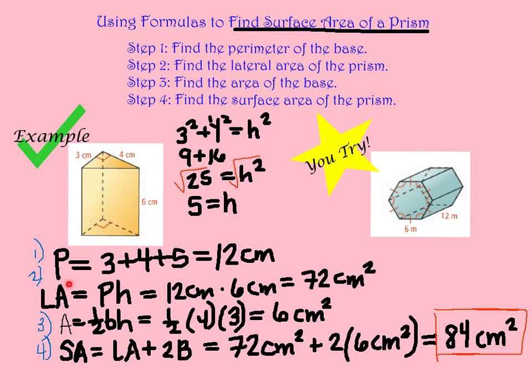In order to find the perimeter of the base, you need to find all the sides of the base. Also, to use the surface area formula, you have to find the area of the base. So that was step 3. So all these steps, they're not needless. They're all there for a reason, because in the surface area, there's other things you need to determine before you can use that formula. All right, so your turn. You try. Here's your shape over here.